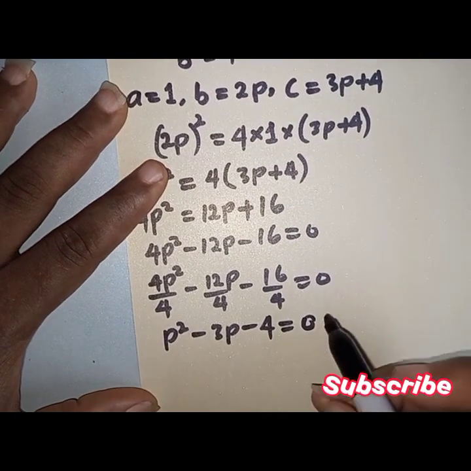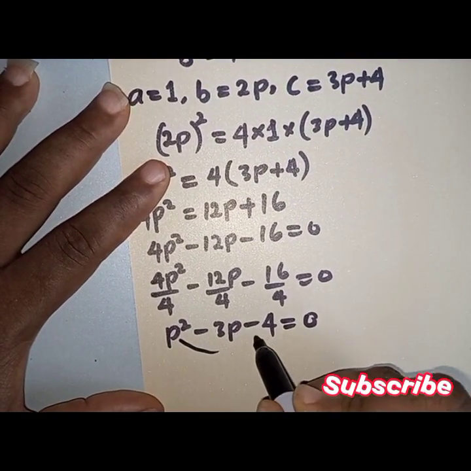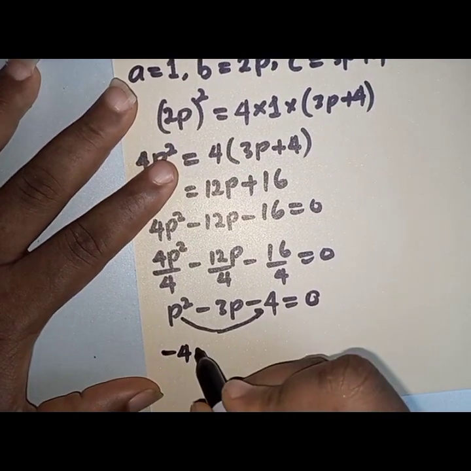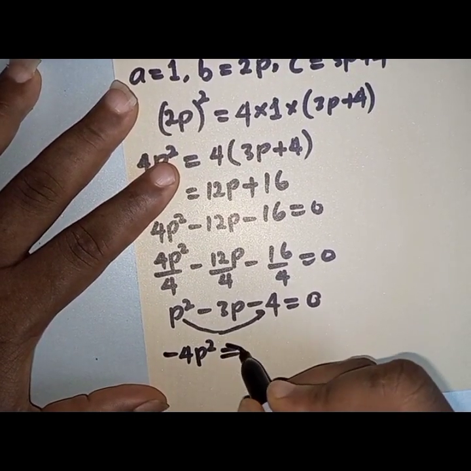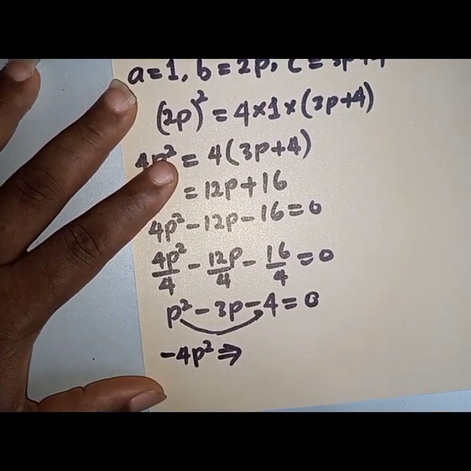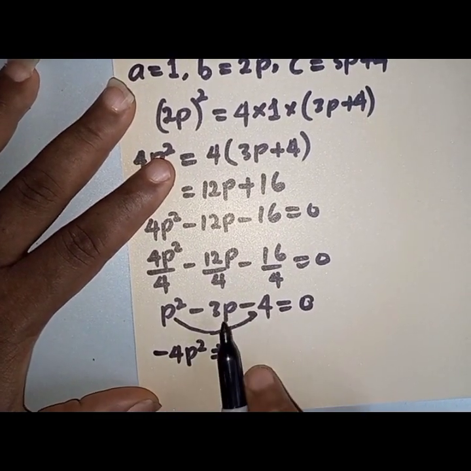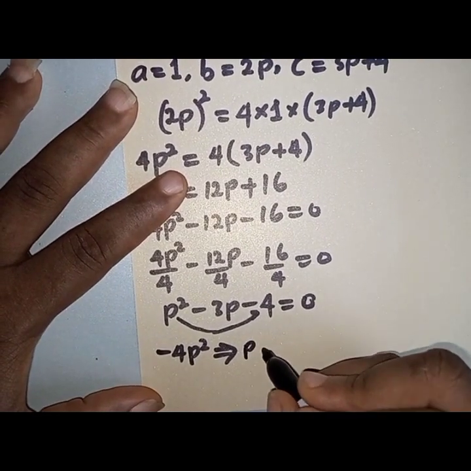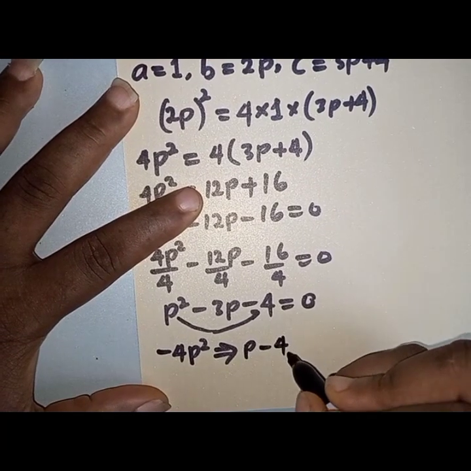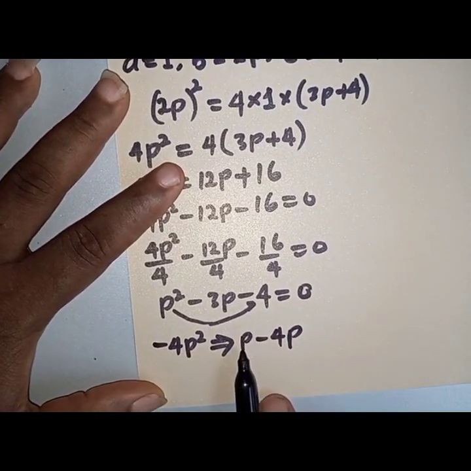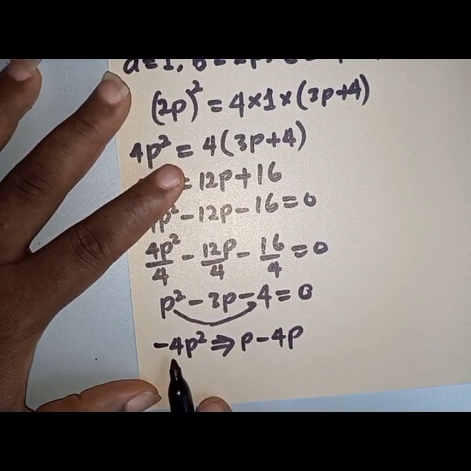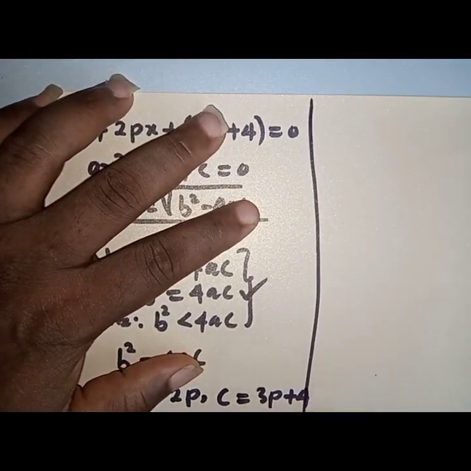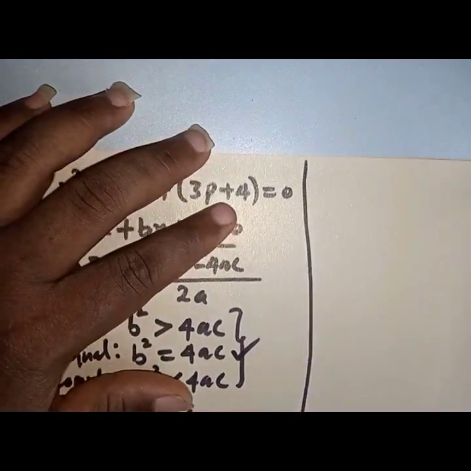From here, I'm going to factorize this function. I'm going to multiply the first and last terms first, so I'm going to have minus 4p squared. What are the two factors that, if I multiply them, I get this, and if I add them, I get the middle term? The factors will be p and minus 4p, that is, 1 and minus 4.